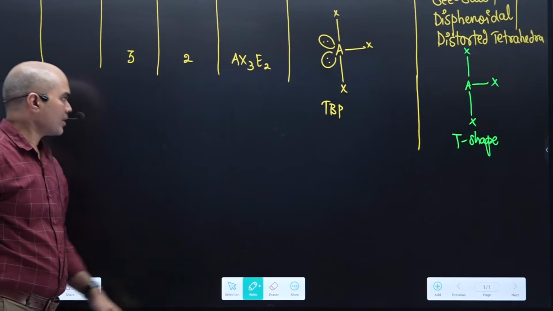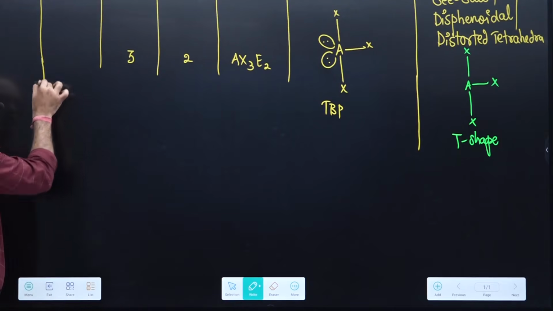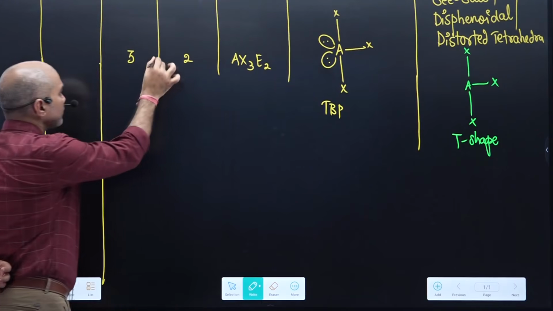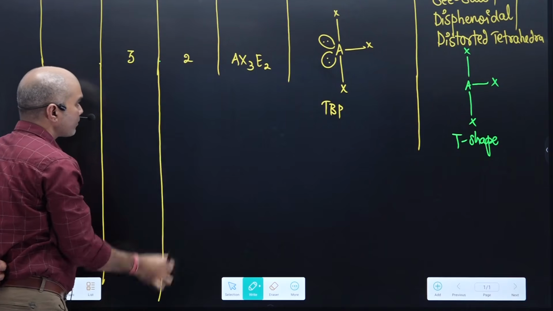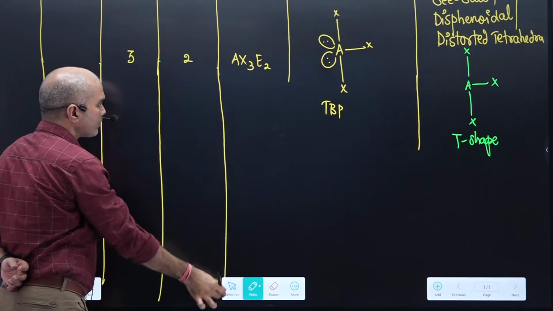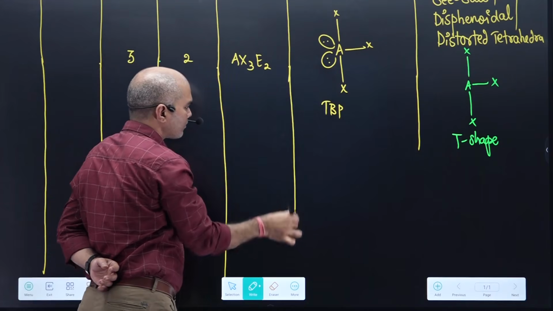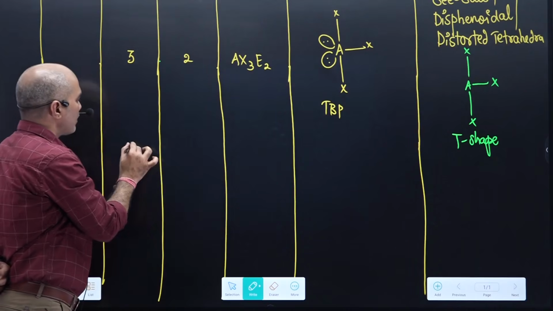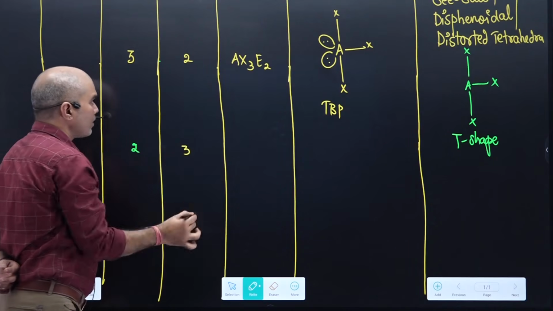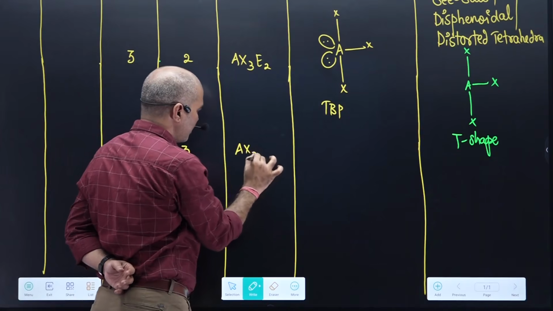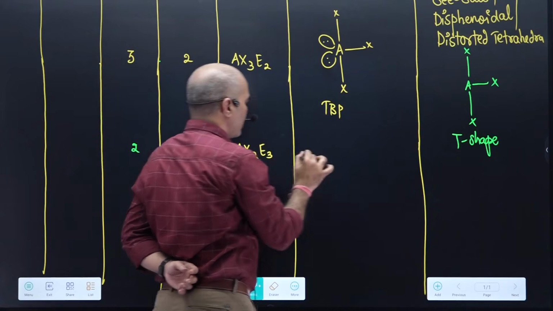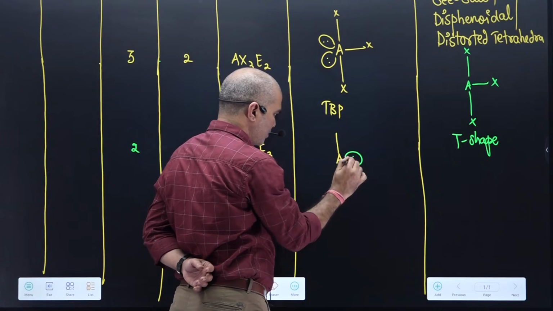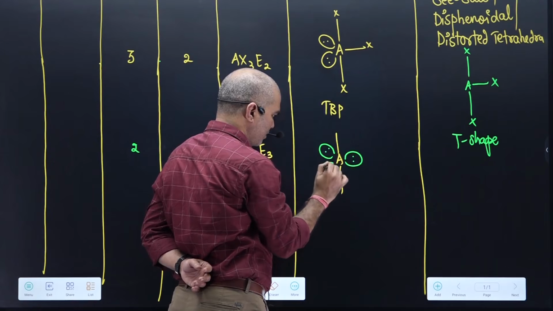We can also go for 2-3 combination. If I take 2-3, then this will become AX2E3. Where should I put the 3 lone pairs? Equatorial position. 1, 2, 3.